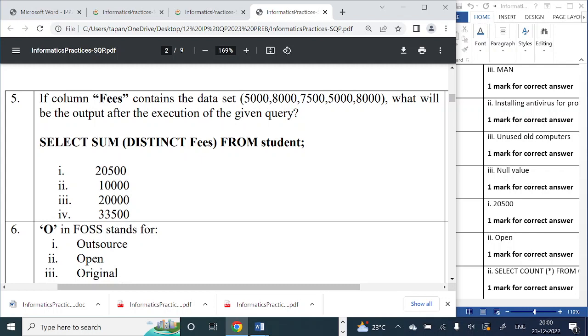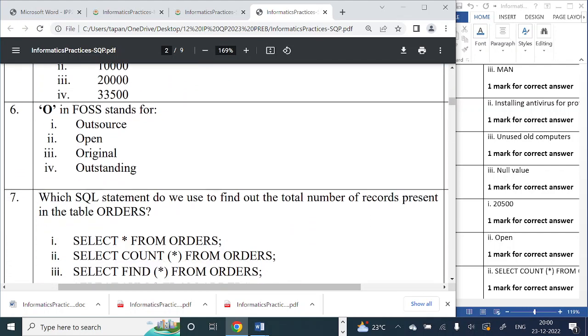So here 5,000, 8,000 and 7,500 will be taken and it will be added. So the result will be 20,500. You can add and you can see, because the distinct word is used, the repeated values, that is 5,000 and 8,000, the last two values will not be there. So only the sum of the first three values will be there.